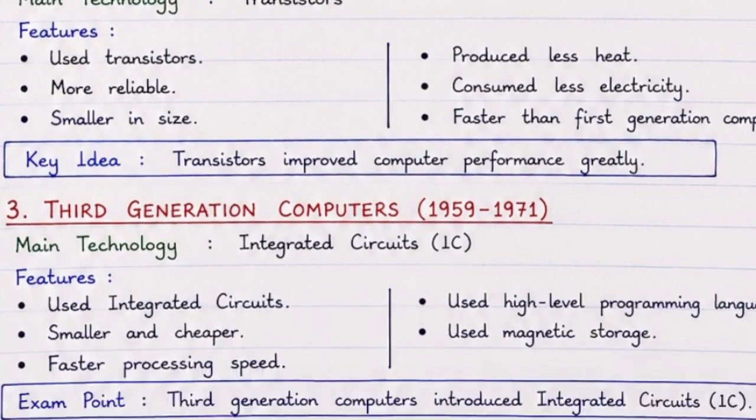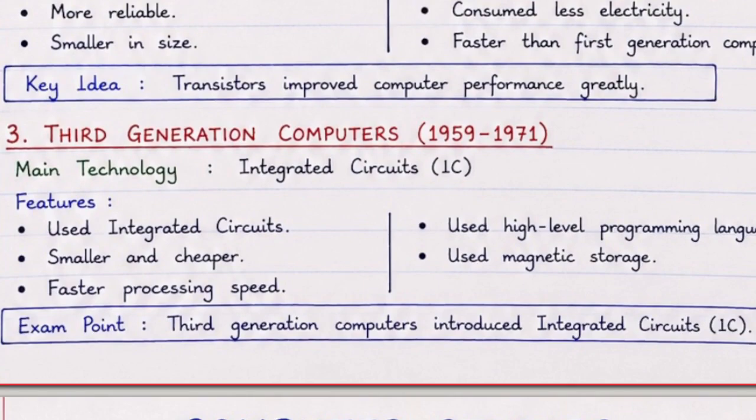Third generation, that's the 12 years. It used integrated circuits, smaller and cheaper, faster processing speed, and used high level programming language. When we get to software, you will understand this as well. When we say high level language, we are referring to human understandable language to some extent.